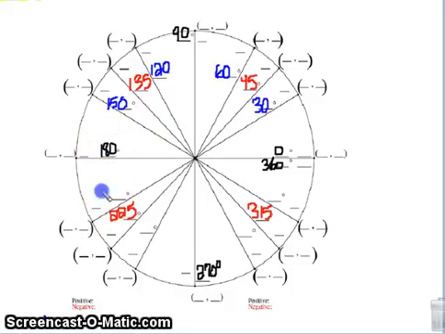Plus another 30 is 210. 240. 270. 300. 330. And 360.